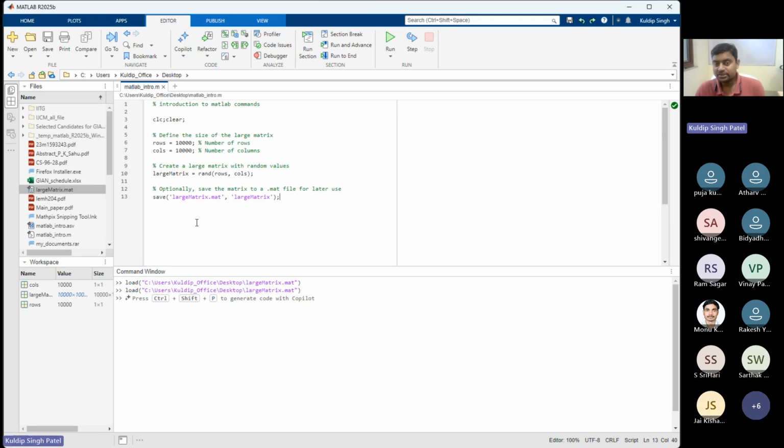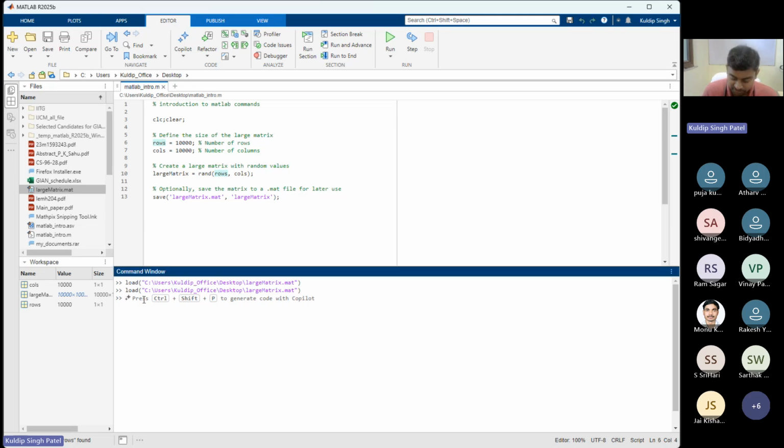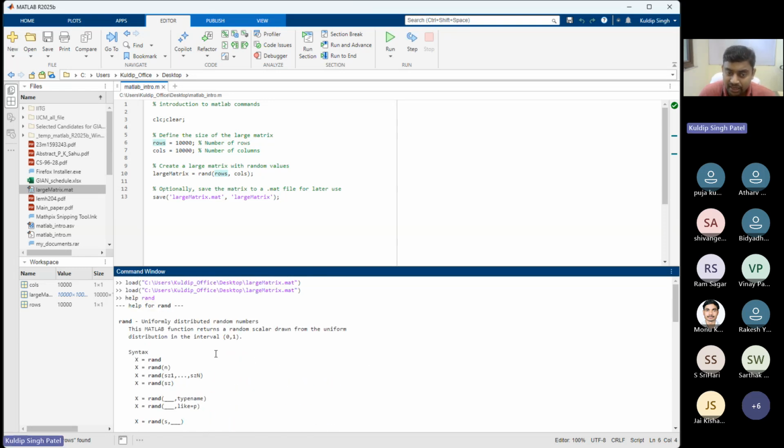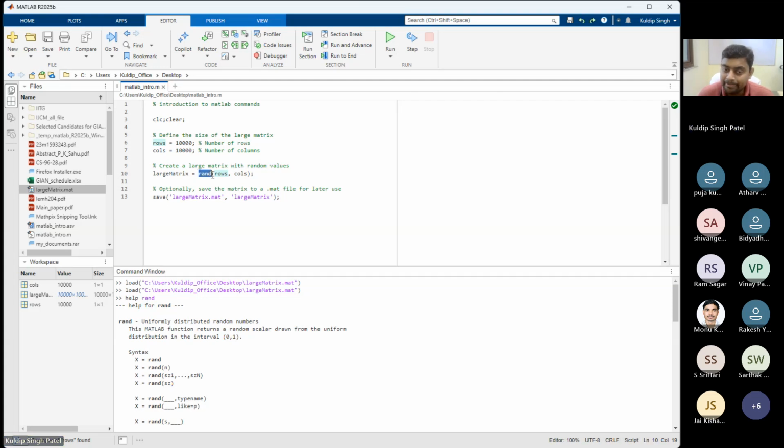So what we understood from here is how to start a code, why we use clc and clear, and how to define a matrix. One question is still pending: I don't know what this rand is. So we simply type help, a space, and then the function name.